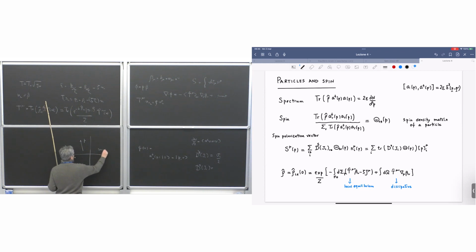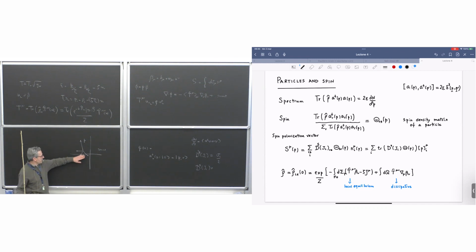The n_μ^(i) are three space-like vectors. Of course, this drawing has no meaning except to convey the message that you can choose three space-like vectors which are orthogonal to P, whose choice is arbitrary.